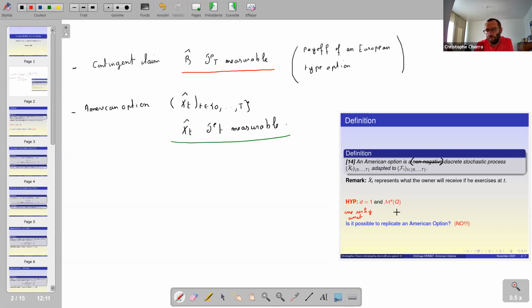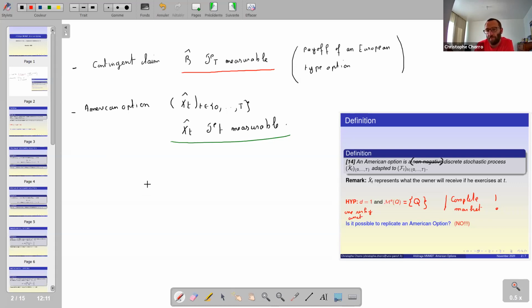And I will suppose, here I have forgotten something, that the set of equivalent martingale measures is just reduced to a singleton, meaning that I want to work in the case of a complete market. If the market is not complete, it will be more complicated to deal with these options. So I will restrict myself to the complete case.